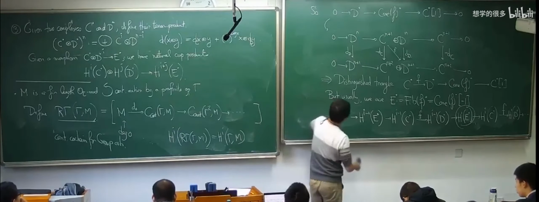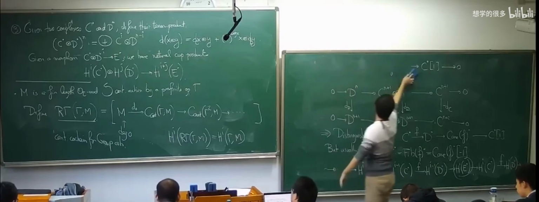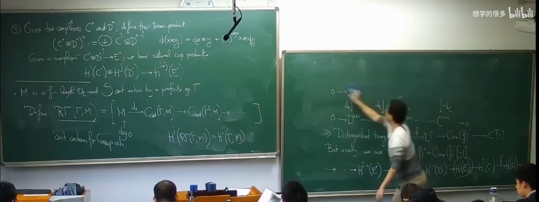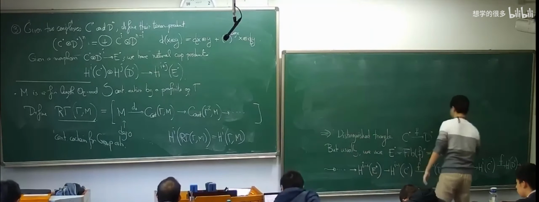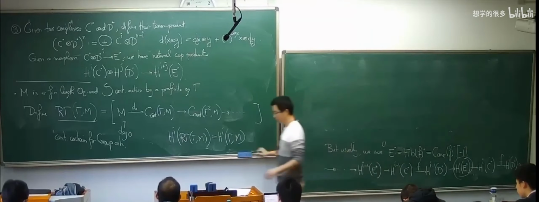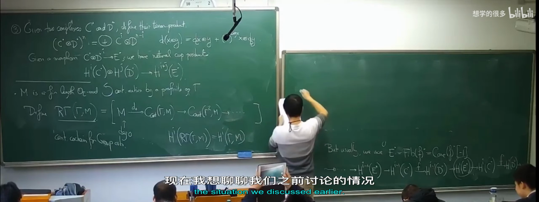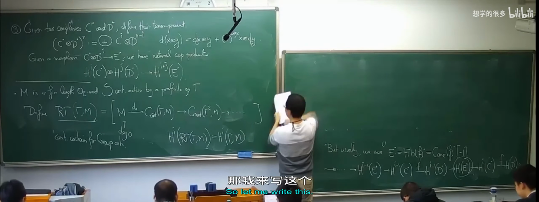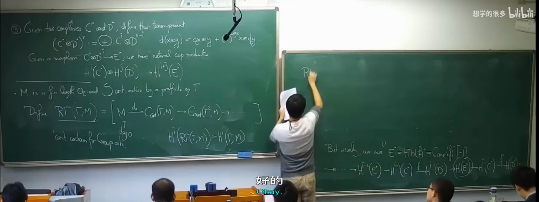Now here's why I want to do this. So now I want to talk about the situation we discussed earlier. So let me write this. Again, now I want l to be greater than or equal to 3.